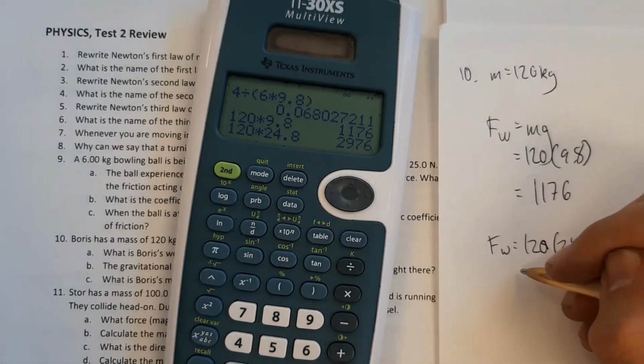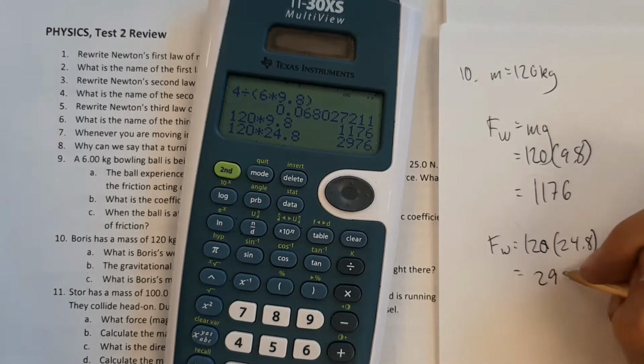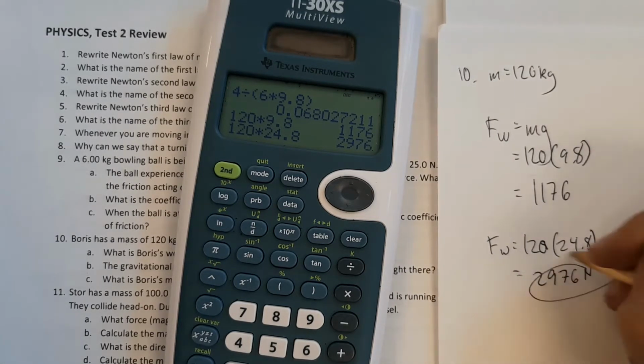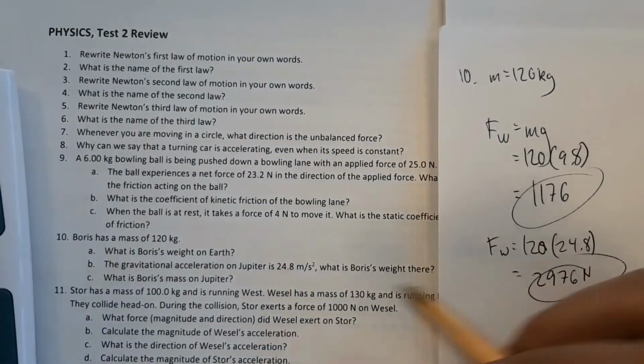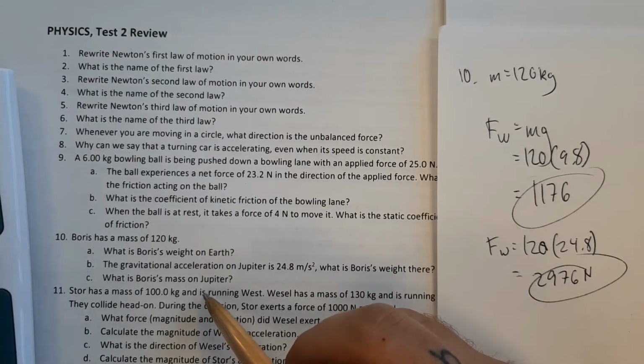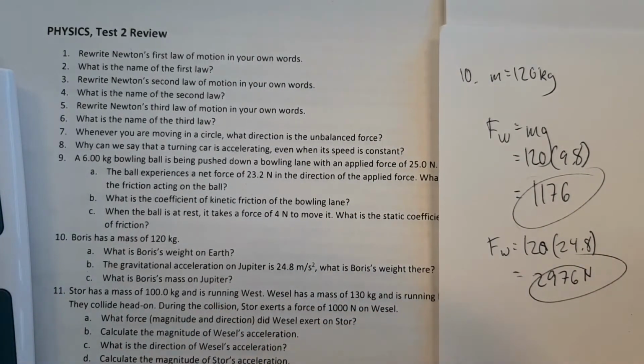So his weight on Jupiter increases to 2,976 newtons. And then the last question on there, what is Boris's mass on Jupiter? Mass doesn't care what your acceleration is. Your mass is quantifying how much matter is there. It doesn't matter where you're going, your mass will still be the same.